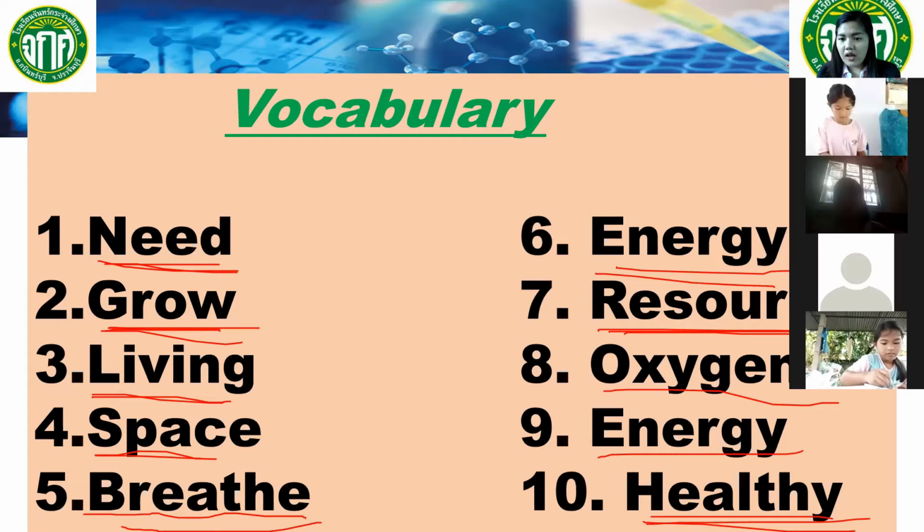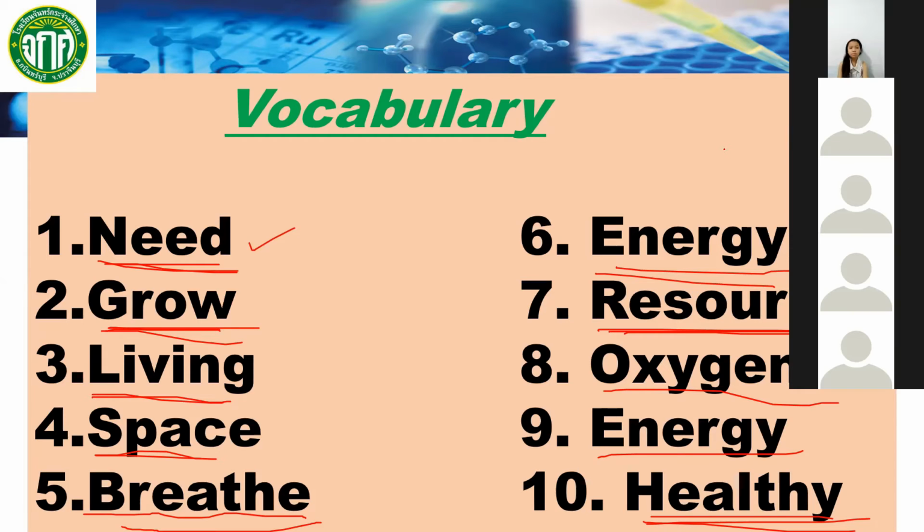I will call someone to spell. Shania, let's start with Shania. Please unmute yourself and spell number 1. Need. N-E-E-D. Very good. Next, please spell number 2. Grow.